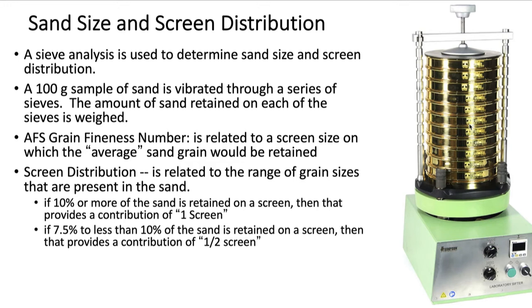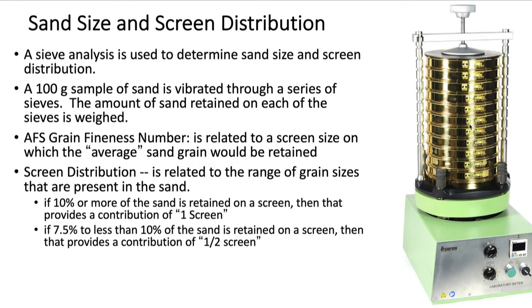Now here's the way the distribution thing works. If you have 10% of the sand on one of those screens, you count it as a 1, okay? You count it as one screen. So in other words, if I have 4 of them that are over 10, it would be a 4-screen sand, or my distribution would be over 4 screens, okay? And then that would tail off at the end. It could be 30% on each one of those, but as long as it's above 10.